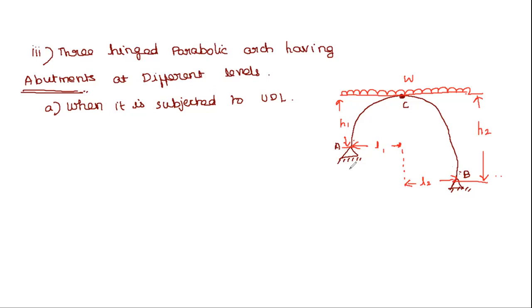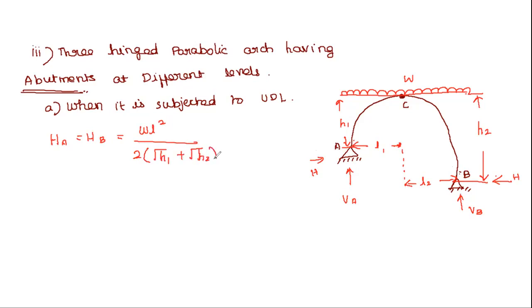Similarly, we will have VA, VB, and H, of equal magnitude in opposite direction. So the result which we will obtain is HA is equal to HB is equal to WL square divided by 2 into root of H1 plus root of H2. If we are given a question in this condition, we can substitute the values directly in this result and we can get the answer quickly.